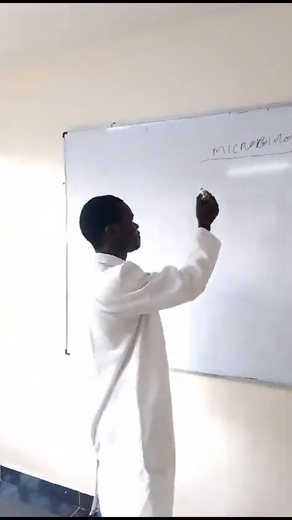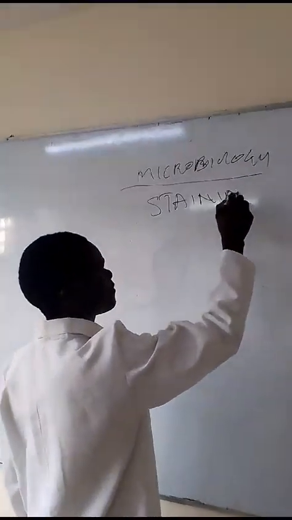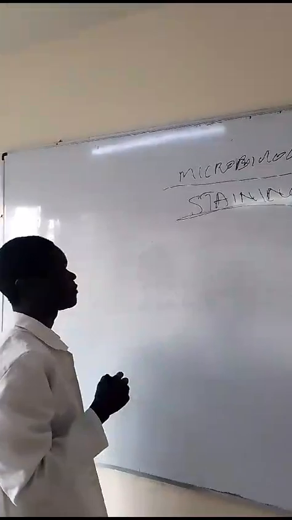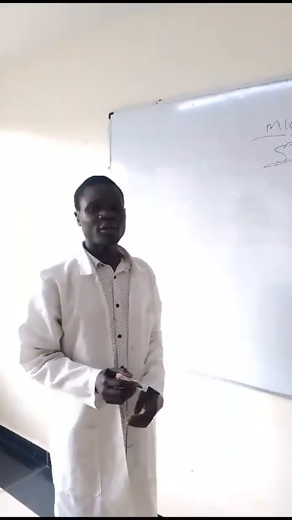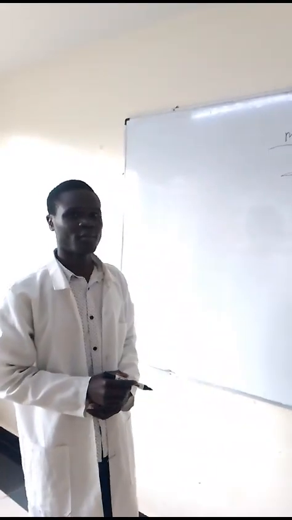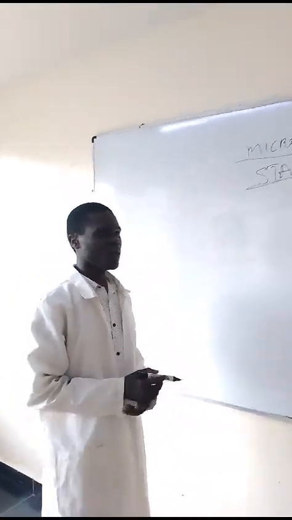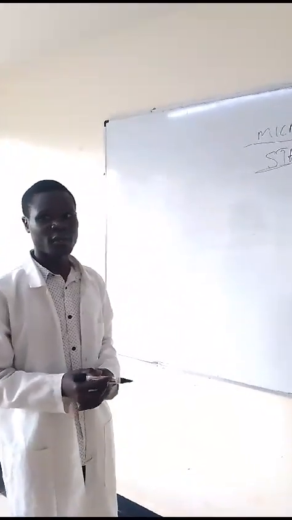Our today's lesson will be on staining. At the end of this topic, you as a student should be able to define what staining is, and you should also give some of the types of staining we normally do in the lab.